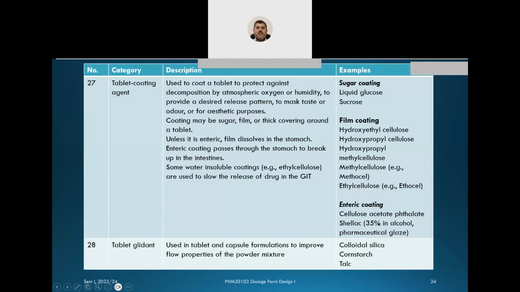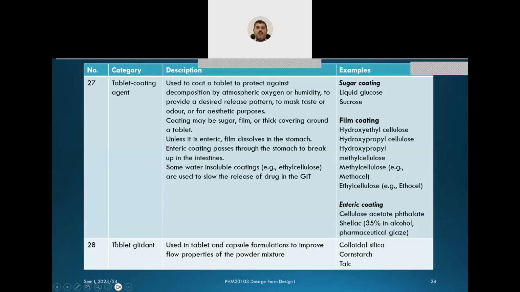Then I spray it in the coating machine, and the solvent will evaporate, and the shellac will form a layer around the tablet. We call this pharmaceutical glaze. Pharmaceutical glaze is the coating solution.